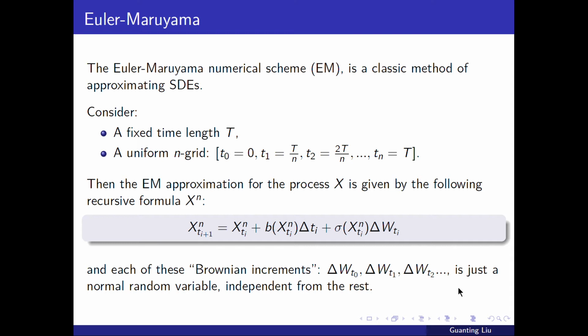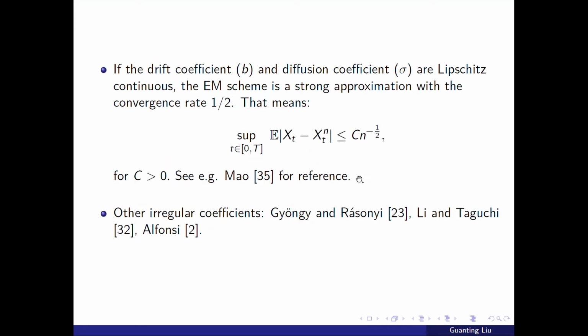So this is a classic, convenient, and also strongly convergent approximation for a stochastic differential equation. This is a standard result, and you can find it in many textbooks. Suppose the drift coefficient b and diffusion coefficient sigma are Lipschitz continuous, then the Euler-Maruyama scheme is a strong approximation with convergence rate a half.